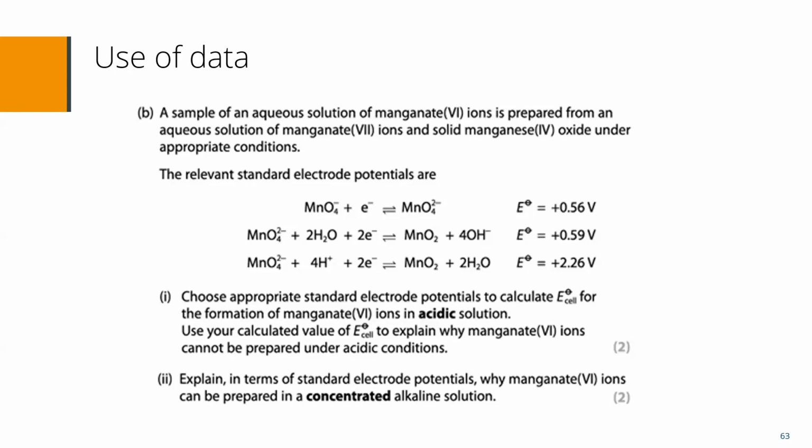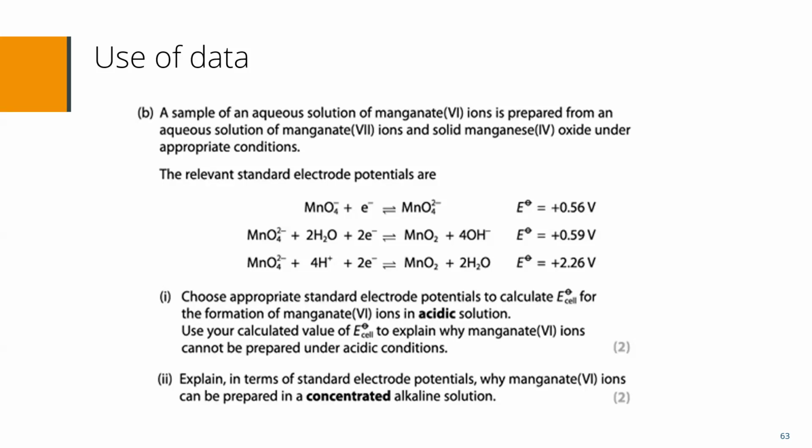The specification simply says to use standard electrode potentials to calculate feasibility of chemical reactions. It doesn't specifically mention E0 cells, but when you look at past papers, you'll see E0 cells have been asked for, and therefore you need to teach them how to use E0 cells, even though, of course, it's based on rather spurious science, as I've mentioned in book 2.